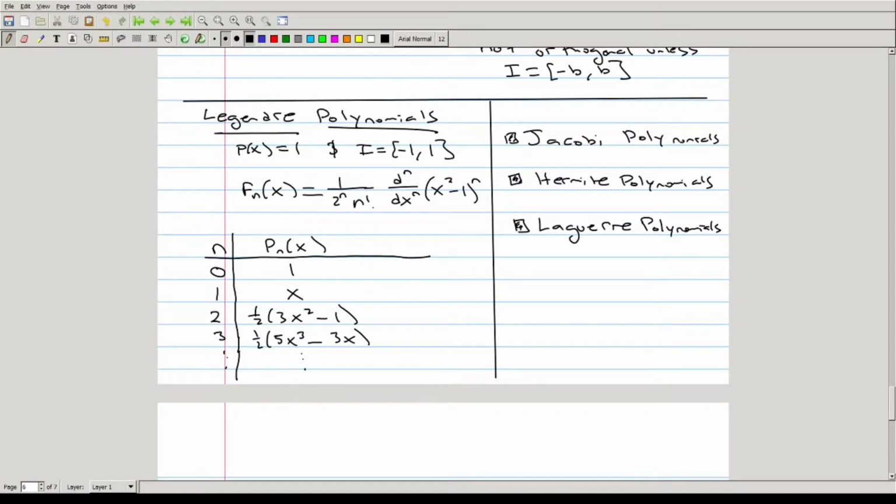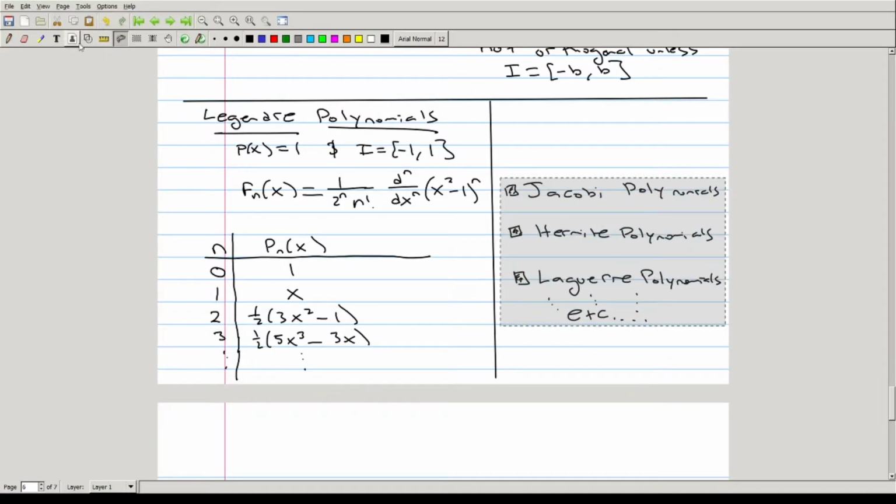All of these have very important applications in modern applied mathematics, in physics, as well as in engineering mathematics.